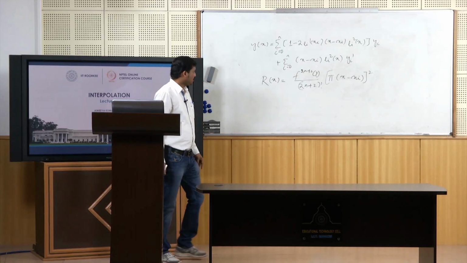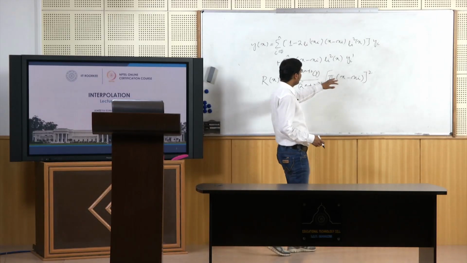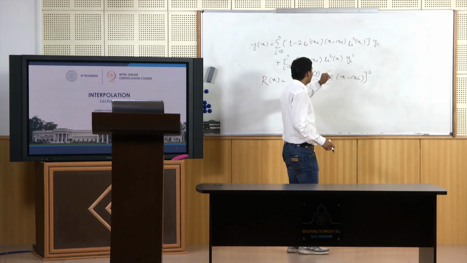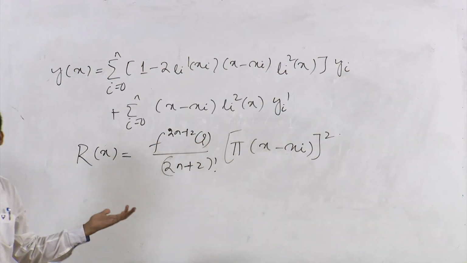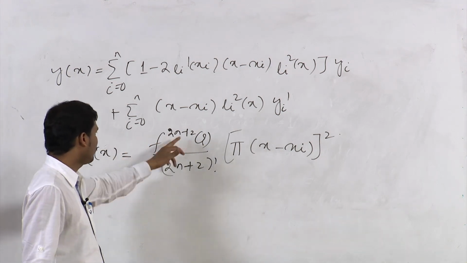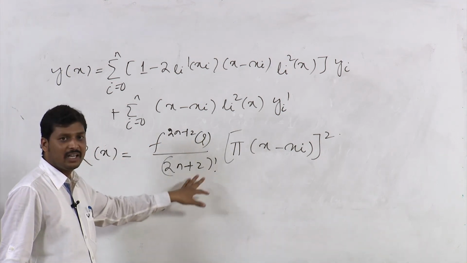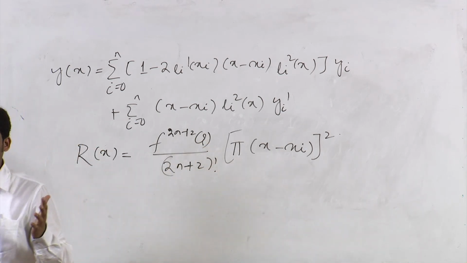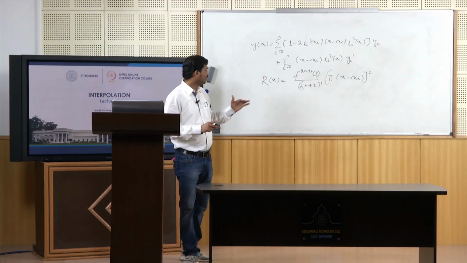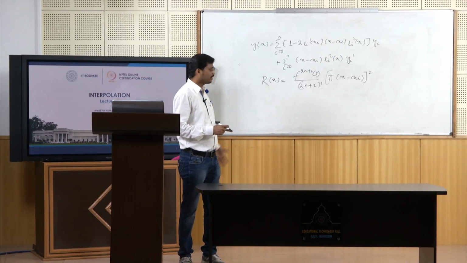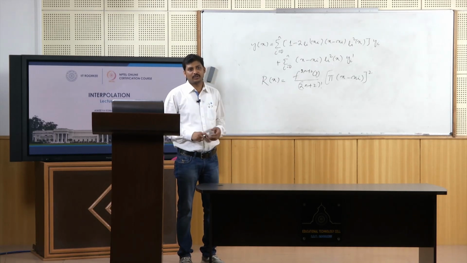Since if you will just see here, both these polynomials have been multiplied here, so that is why if you will just consider like the earlier Lagrange interpolation error term, we are just used to write like f to the power n plus 1 zeta by n plus 1 factorial into product of like x minus xi there. So if Li square of x, if we are just considering, it can be taken as the square sense there, and the derivative can be taken as the order of 2n plus 2 here.